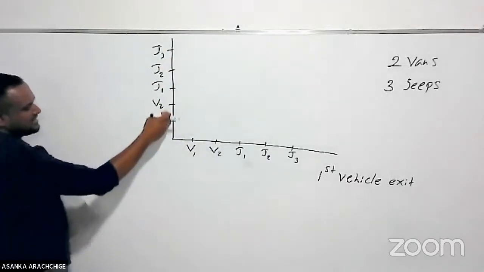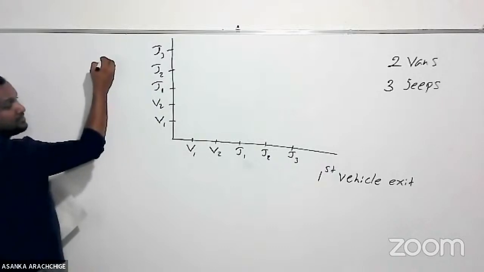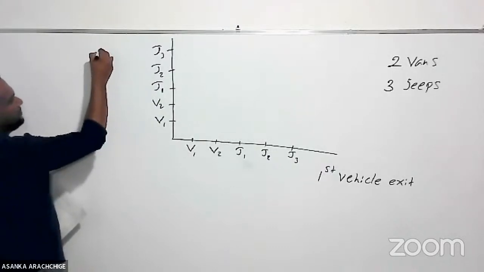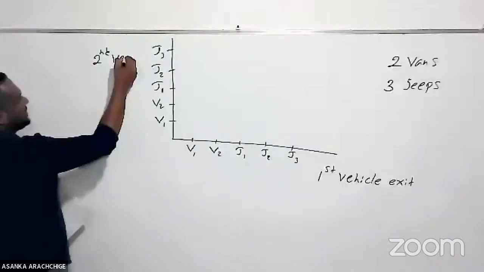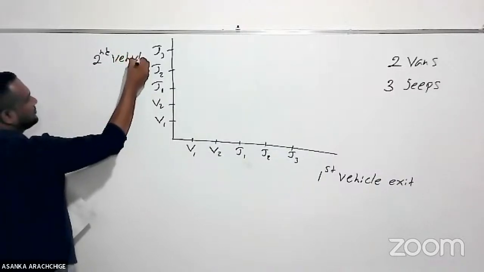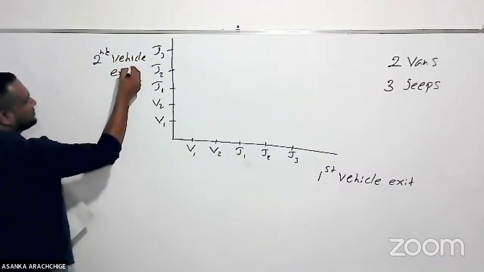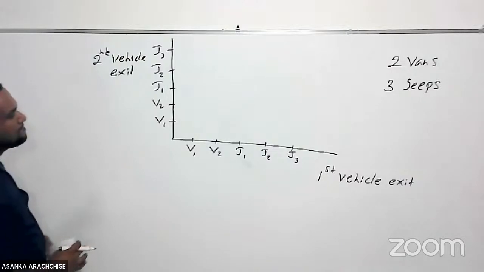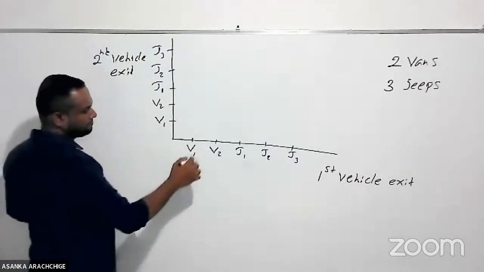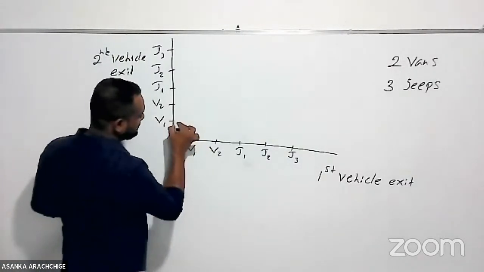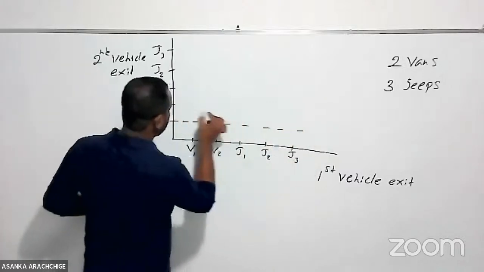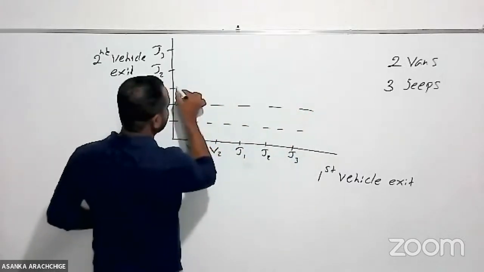This axis has been used to represent the second vehicle exit. This is the grid.